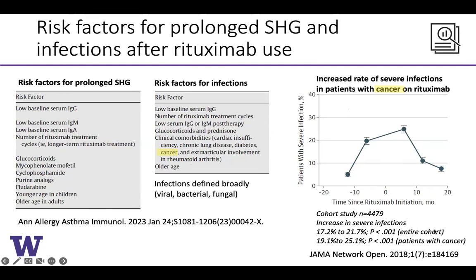In one large cohort study of patients on rituximab for various conditions, rheumatology and oncology, the only statistically significant increase in the rate of severe infections was found in patients with cancer, shown here, and also in their overall cohort. Not shown here, the association with low baseline serum IgG trended this way, but did not reach statistical significance.